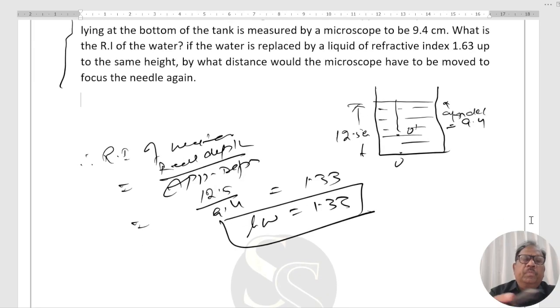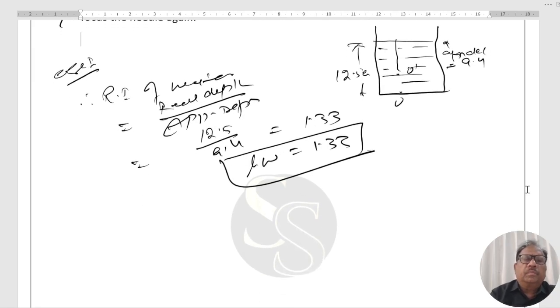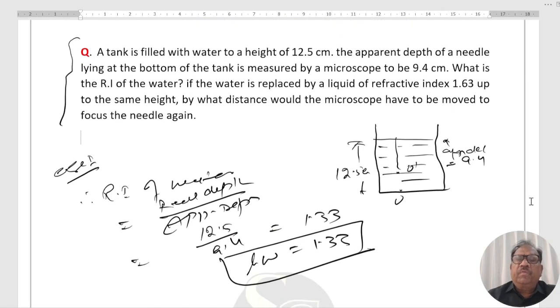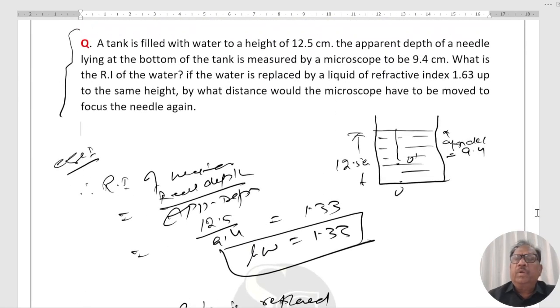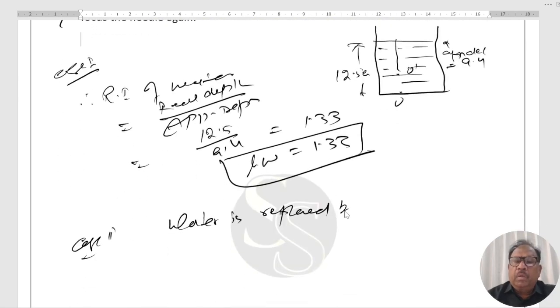In part 2, this is case 2. Water is replaced by a liquid of refractive index 1.63.